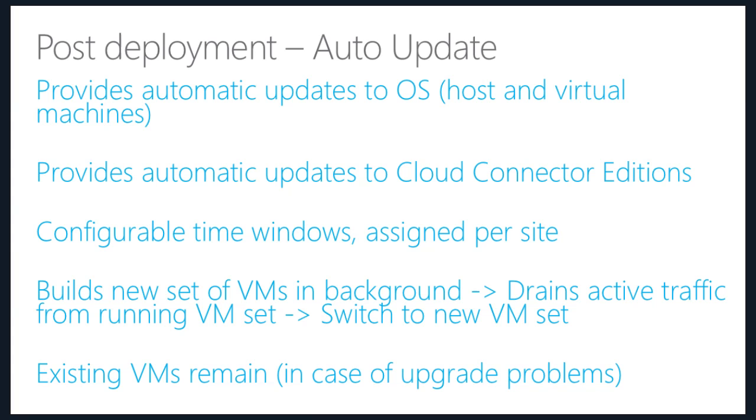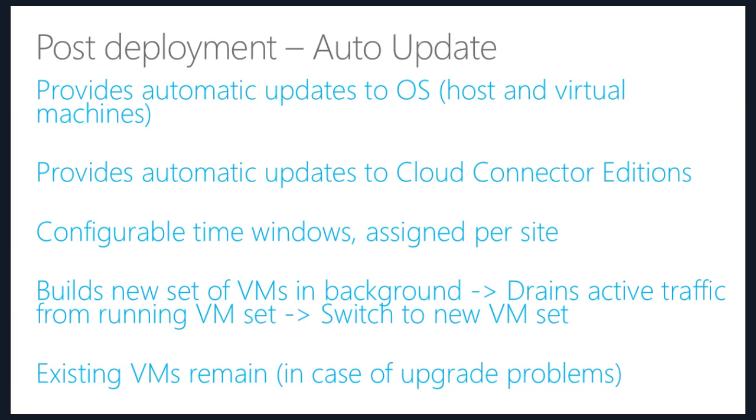Now, what actually happens during the updates? Well, when we do an actual Cloud Connector Edition update, for example, we're building a new set of virtual machines in the background, right? So your existing Cloud Connector appliance is up and running, those VMs are doing their business, and in the background, we're building a brand new set of VMs with the updated bits.